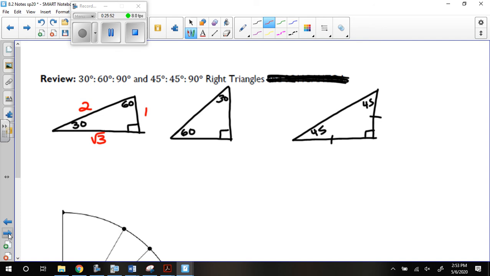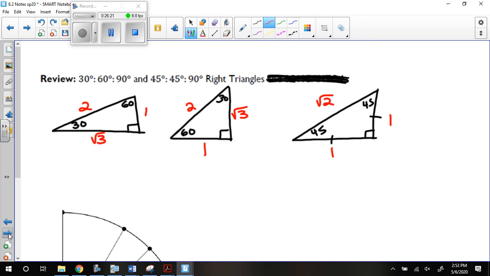Across from the 30 is a 1, on the hypotenuse is a 2, and across from the 60 is a square root of 3. On the 45, 45, 90, your legs that match are both 1s, and then your hypotenuse is the square root of 2.